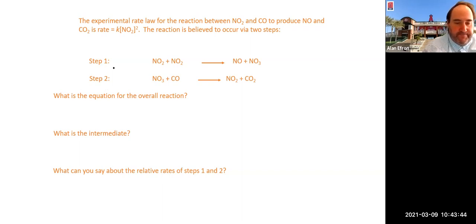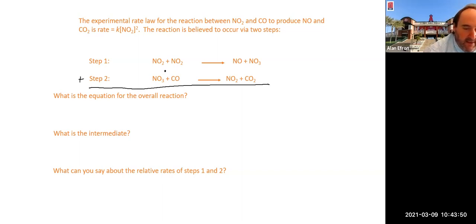If we add these together, NO3 would cancel and NO2 would cancel. That leaves us on the left-hand side NO2 plus CO goes to NO plus CO2. Any questions on that part?